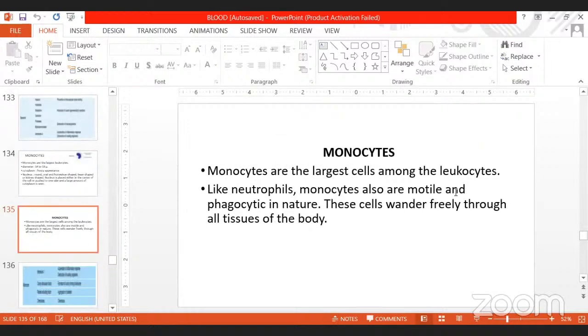So they are the largest cells, and as I said earlier, like neutrophils, monocytes are also motile and phagocytic, and they wander freely through the tissues of the body.